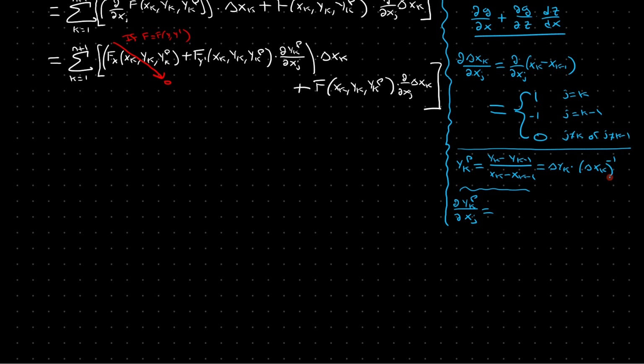When we take the derivative with respect to xj, this is going to be delta yk, because it's constant, times negative delta xk to the negative 2 times the xj derivative of delta xk. This is just the chain rule applied to this expression right here.